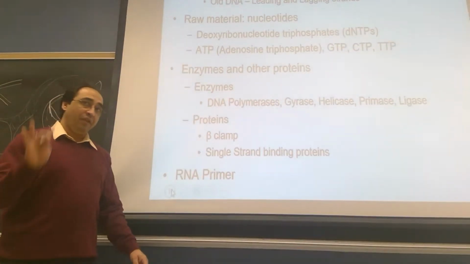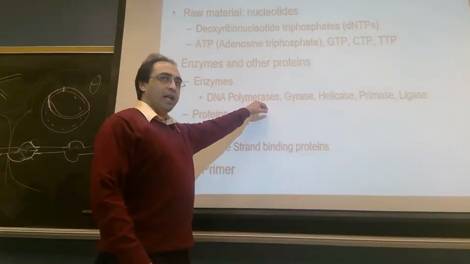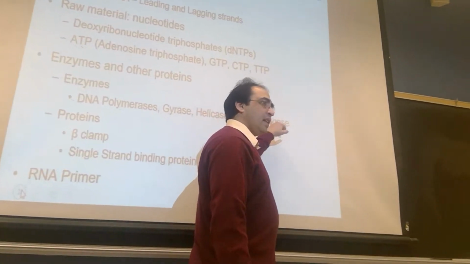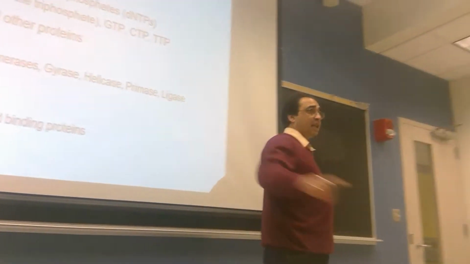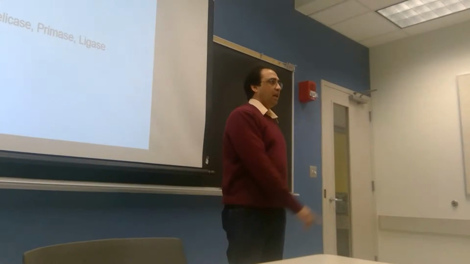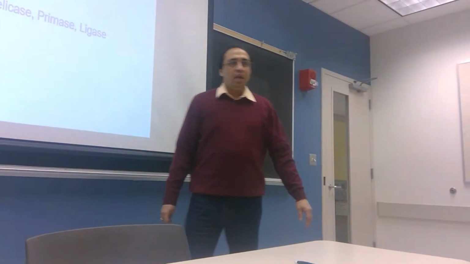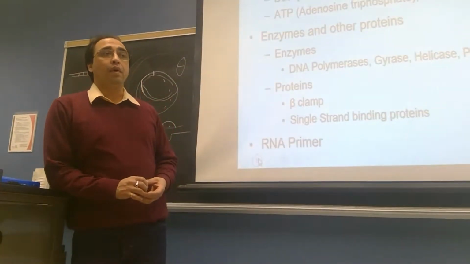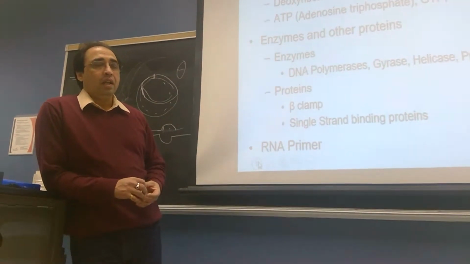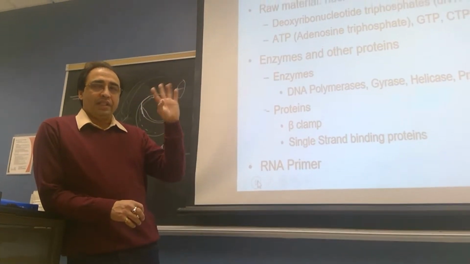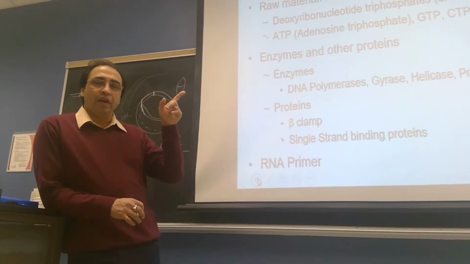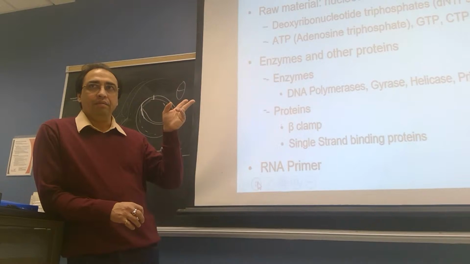These are different kinds of enzymes: DNA polymerase, gyrase, helicase, primase, and ligase. These are the main enzymes in DNA replication. There are a lot of DNA polymerases, and in prokaryotic DNA there are actually five: DNA polymerase 1, 2, 3, 4, and 5.